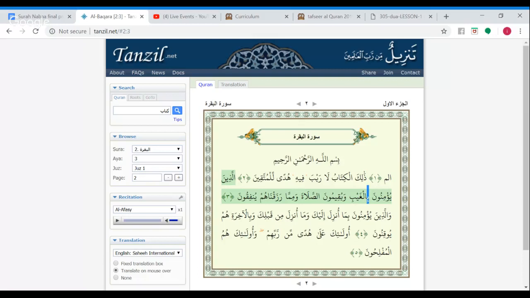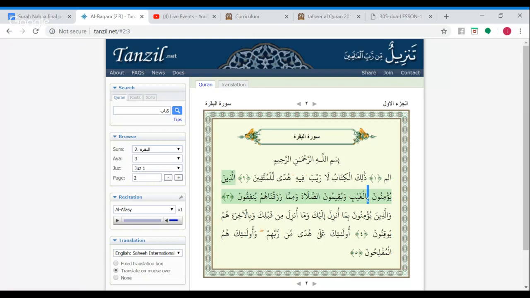What is making this ism majroor? The harf jar that is attached in the beginning of this word. What is the harf jar attached? Ba with kasra. That means with.